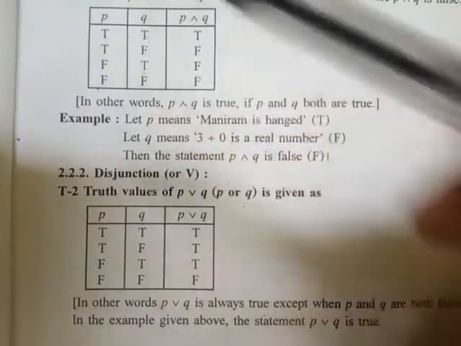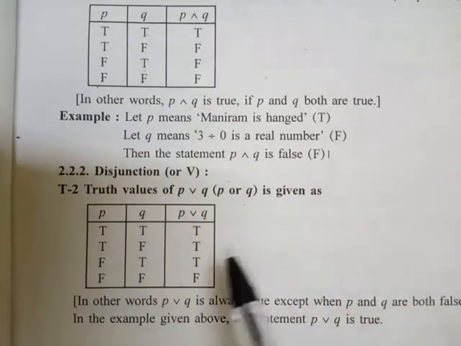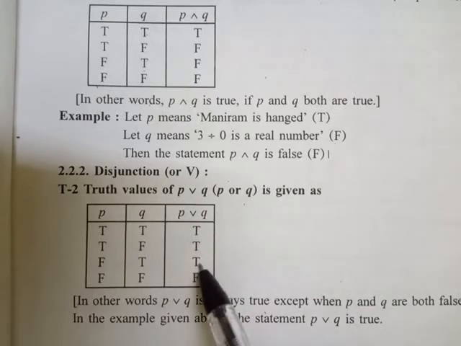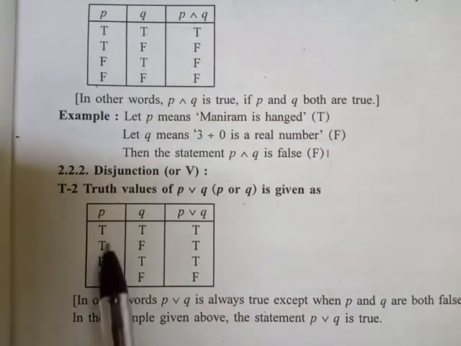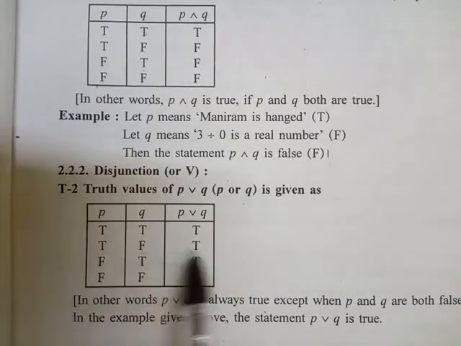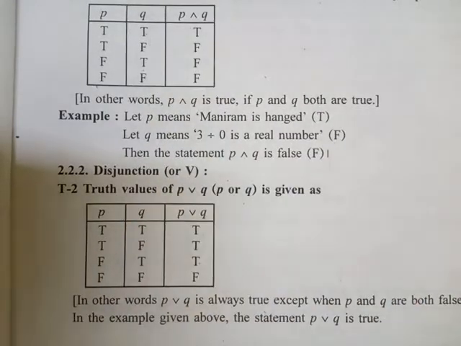Here it is true, false, true, false. Here also true, false, true, false. But in the conjunction, the first one is true, the other three false. But in the disjunction, the first three are true, the last one is false. Just opposite of this one. Now look, true, true is true here. True, false, true, false, true, true, and false, false, false. This is the disjunction, the opposite of conjunction.